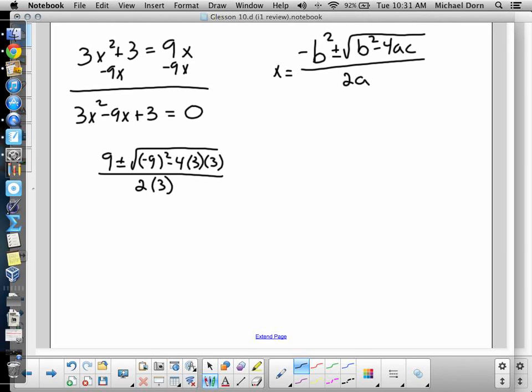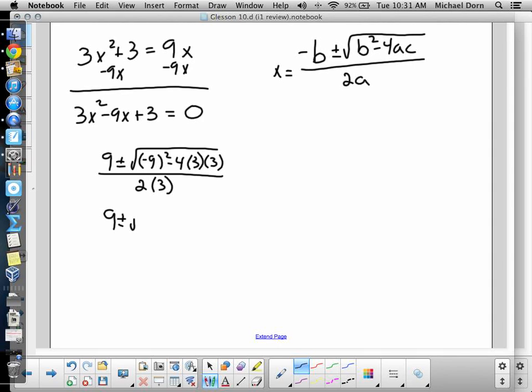Oh, no, it's not b squared. No, you're right. It's not. Sorry. I'm getting all confused. There's our formula. We go ahead and simplify that out.